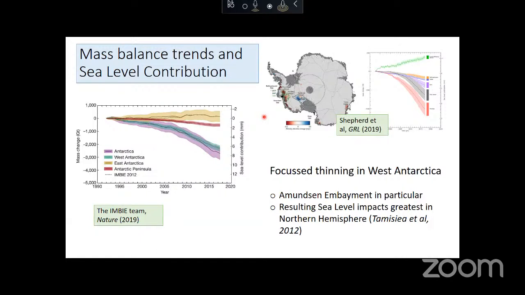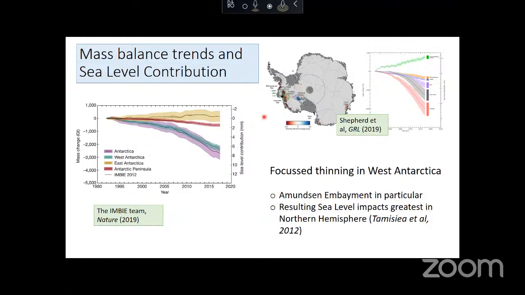Something that I don't think most people know is that, while this is bad for a number of reasons, the impact on sea level from ice lost from Antarctica is actually greatest in the North Atlantic. This is because losing massive amounts of ice from an ice sheet changes gravitation between the ice sheet and the ocean.